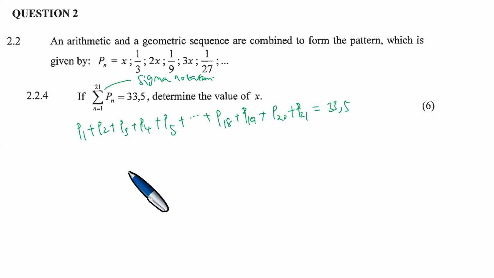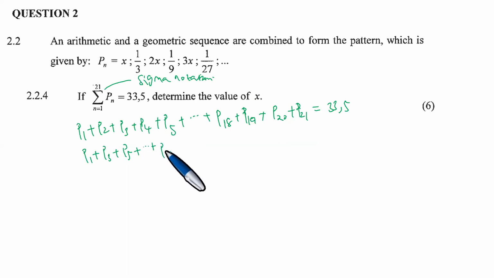Now we're going to take the odd-numbered positions and the even-numbered positions and add them together, up to 21. Because these ones work together, we can take P3, P5, and then 19, 21.